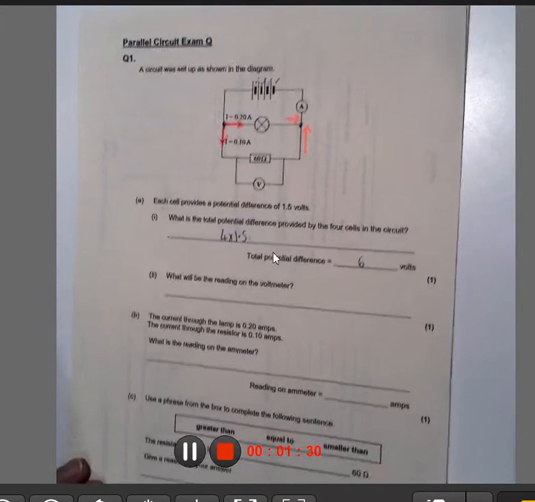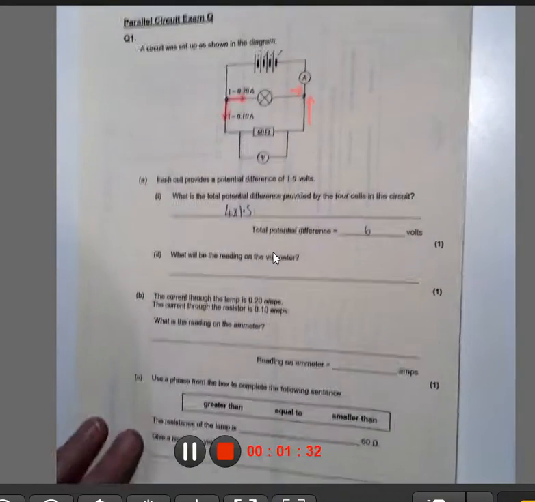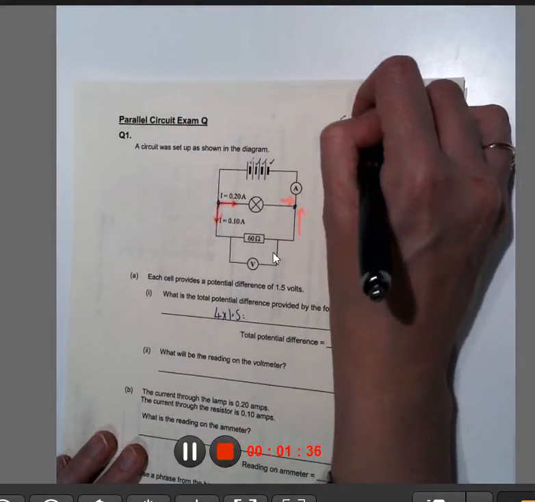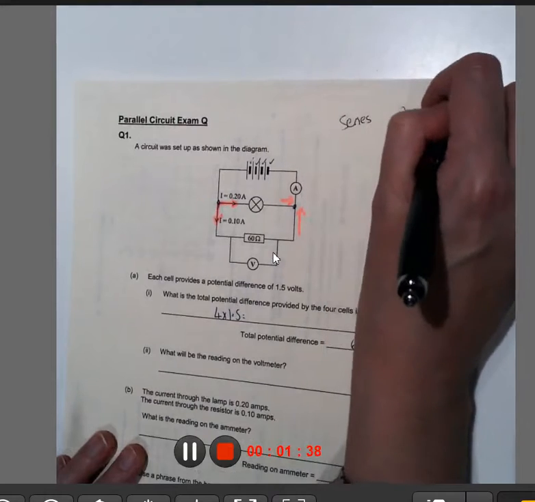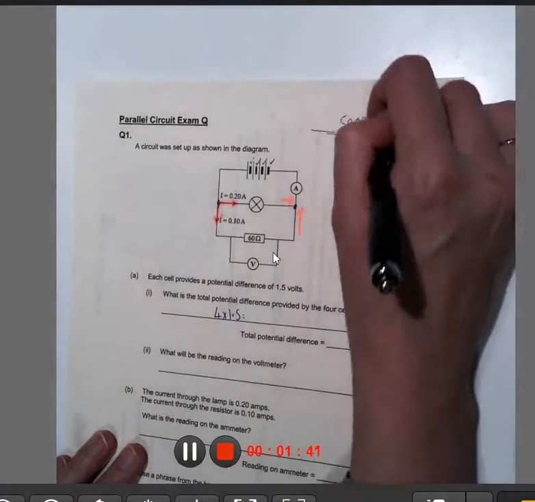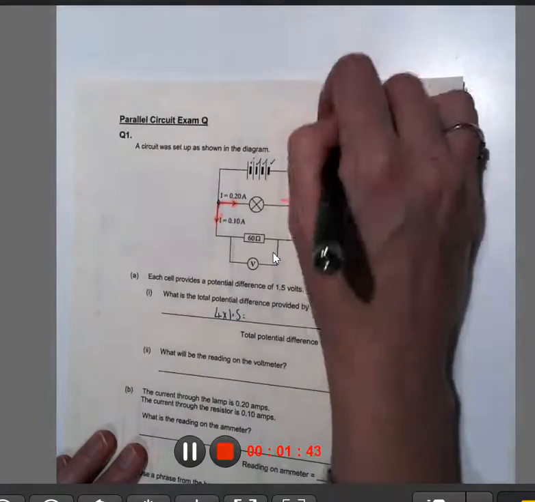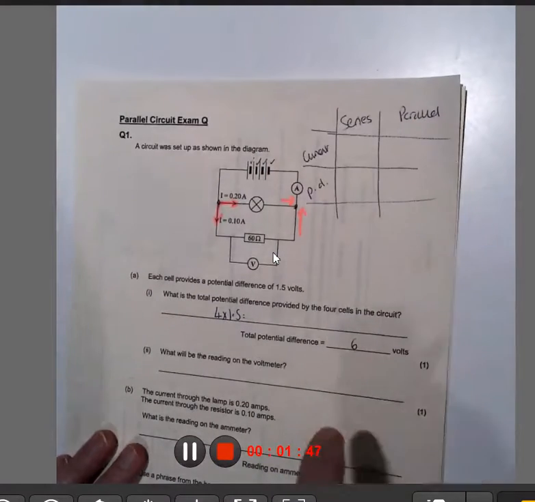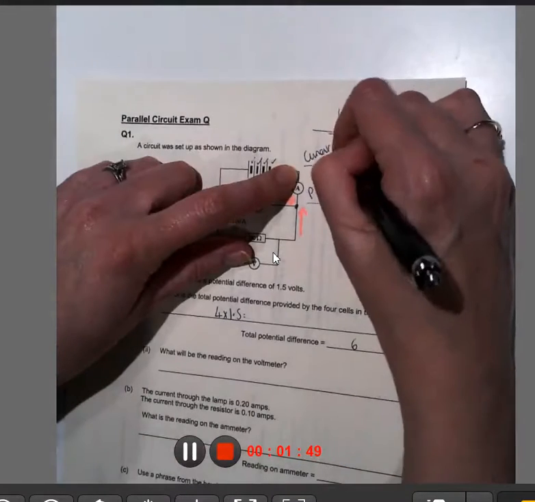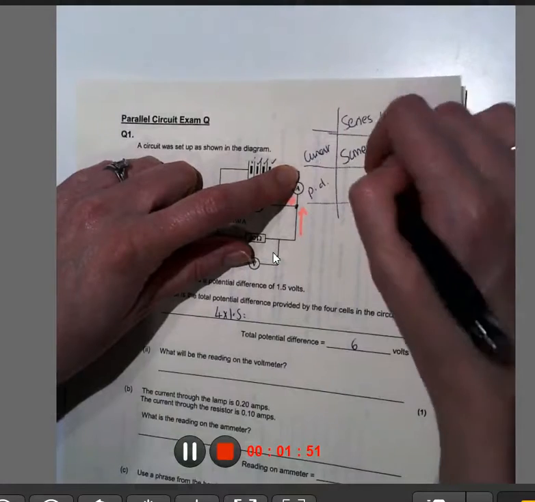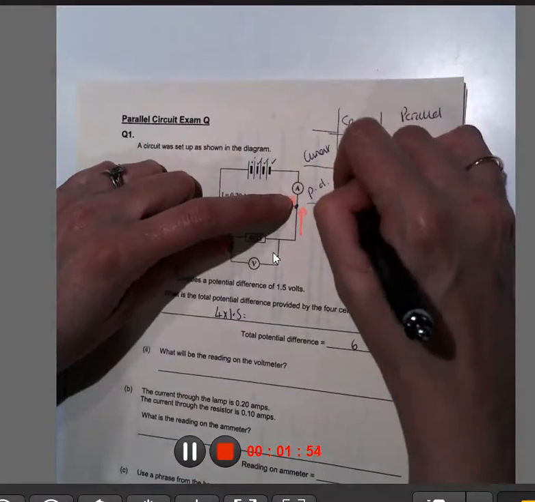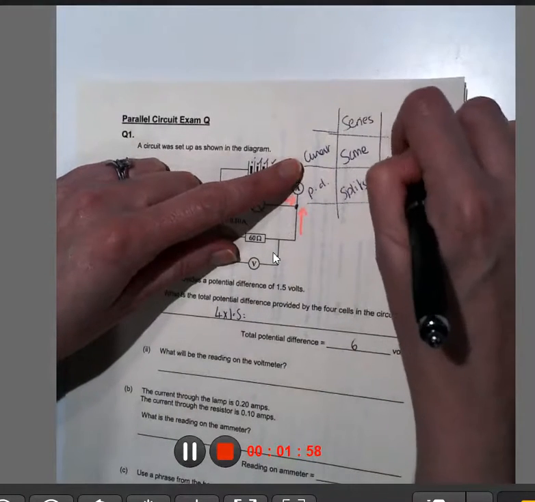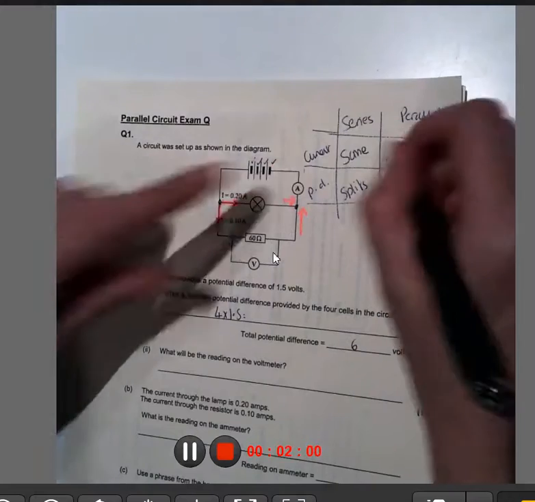Now, it says, what will the reading be on the voltmeter? So what we need to remember is our series and parallel rules. You can write this down if you want. In series, the current stays the same and the potential difference splits. And in parallel, current splits and the potential difference stays the same.